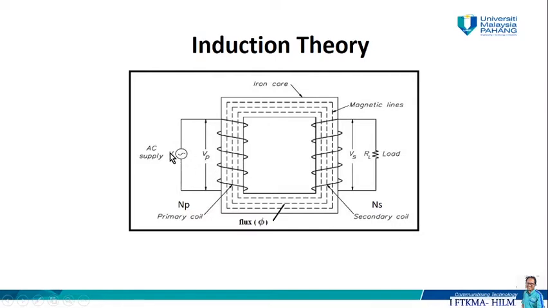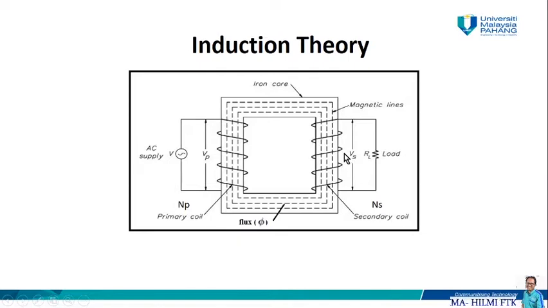We have the primary voltage VP, and at the iron core of the primary circuit, we have a primary coil with number of turns NP, and at the secondary circuit we have a secondary voltage VS and the secondary coil given by NS.